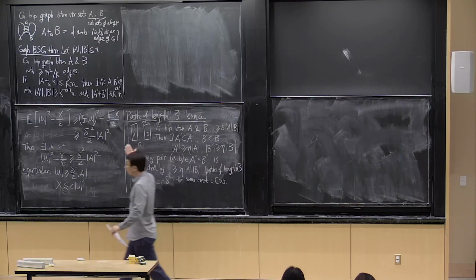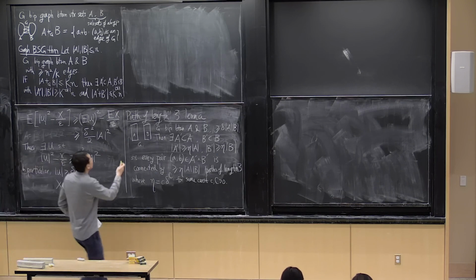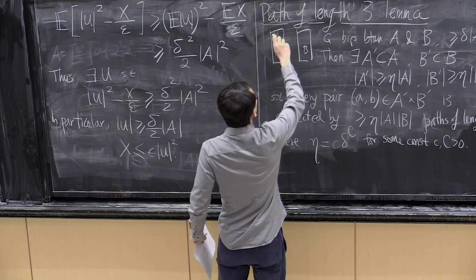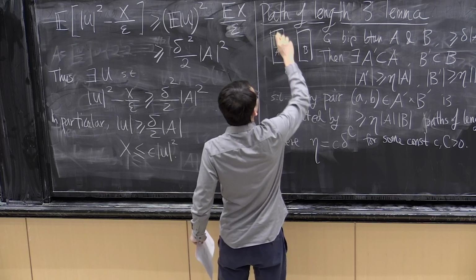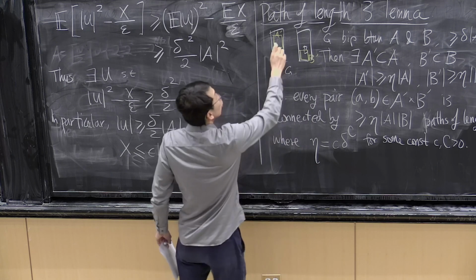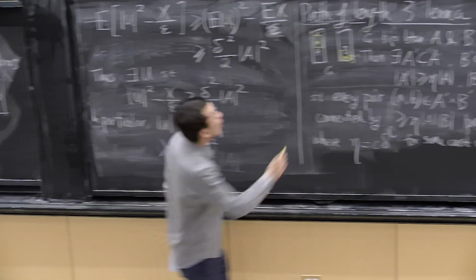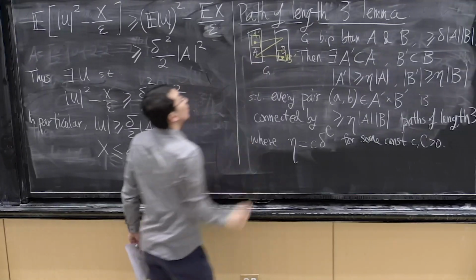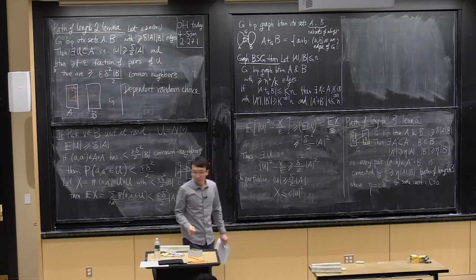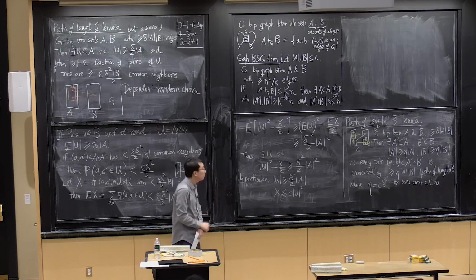So starting with this bipartite graph that's fairly dense, the lemma tells us that we can find some large A prime and large B prime so that between every vertex in A prime and every vertex in B prime, there are lots of paths of length 3 between them. Okay, every pair.